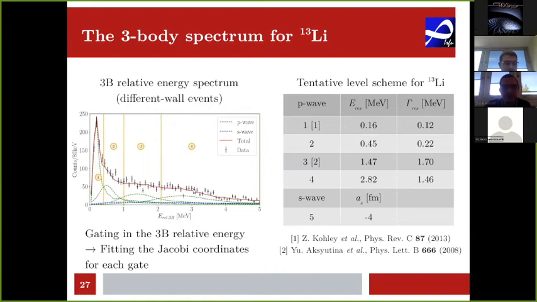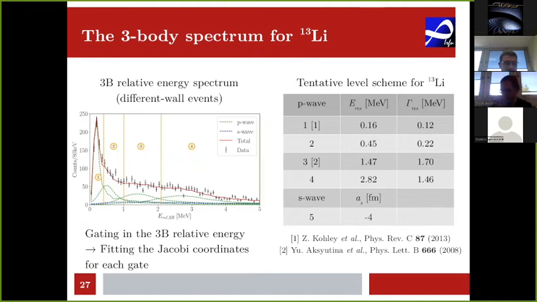Now that this has been set, what I will show now is how we cut slices in this spectrum, the four different ranges that I have put here. And then in these four different ranges, we compute the Jacobi coordinates, and we fit them using either the direct decay or sequential decay contribution to see which reproduces better the data.